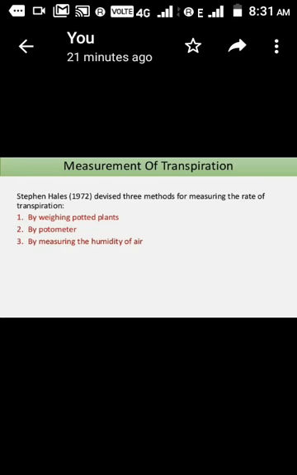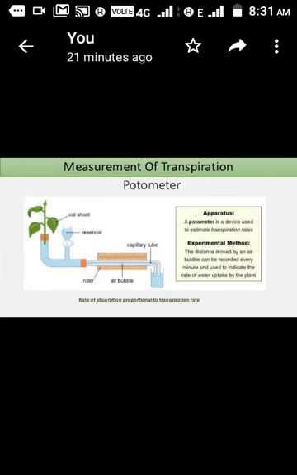Out of these 3, students, the second one is most important, that is the potometer. And being a plant physiology student, you must remember some of the equipment, scales and instruments and what purpose they are used for. Okay, this is one of the instruments, the potometer, which is used to estimate the transpiration rate.